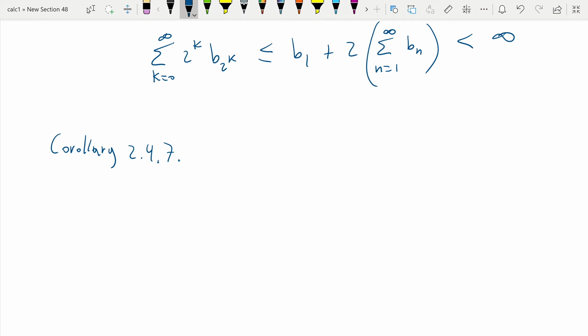Once you understand the idea, we go slowly at first, then later on we have become accustomed to using these kinds of arguments. So corollary 2.4.7 is going to be left to you as an exercise.